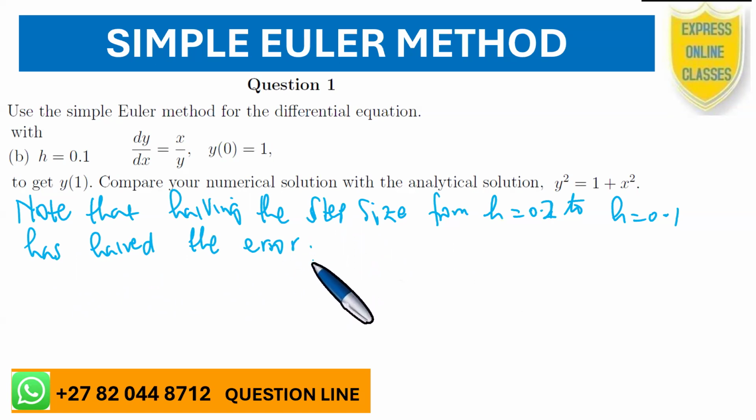So if you halve the step size, you halve the error.